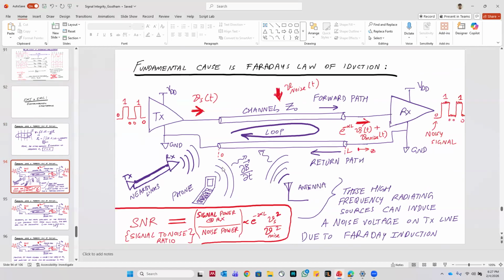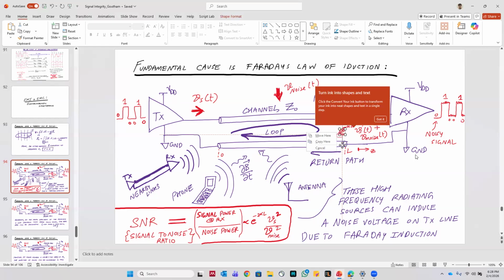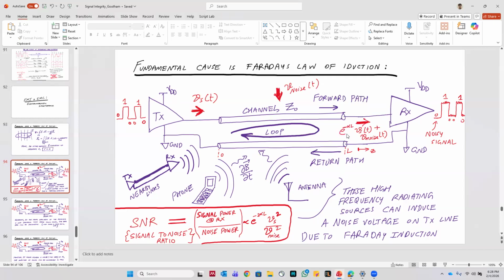Imagine now you have other things nearby. Imagine there's a high frequency antenna, or a cell phone, or some other link nearby. All of these things are radiating high frequency signals. As the frequency of these radiated signals increases, this time varying magnetic field can cause a voltage to be induced in the loop because of Faraday's law of induction, right? Say this is Vs of t, the original voltage that you send. As the voltage travels through the channel, you already know it's going to be attenuated because of the resistance of the channel.